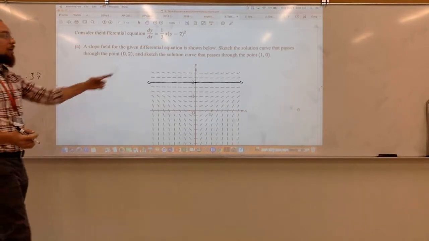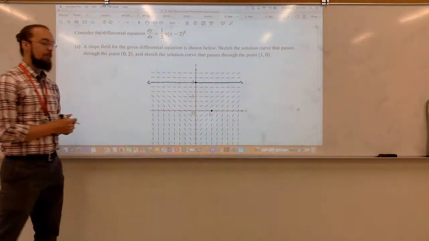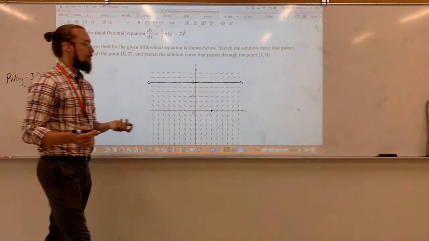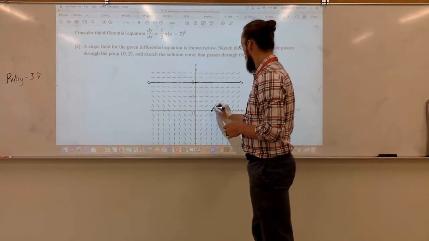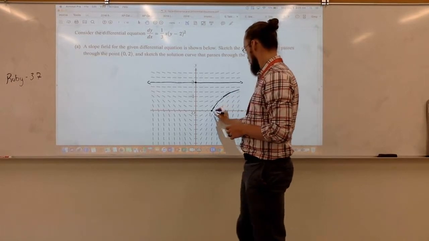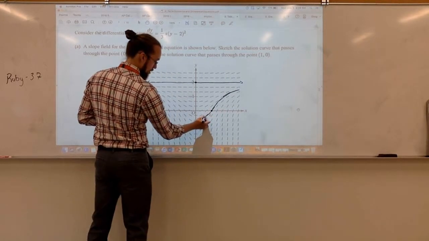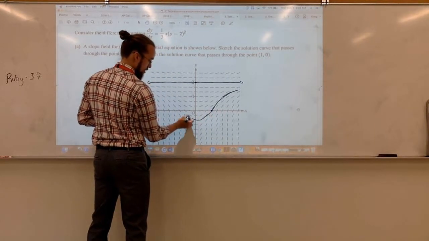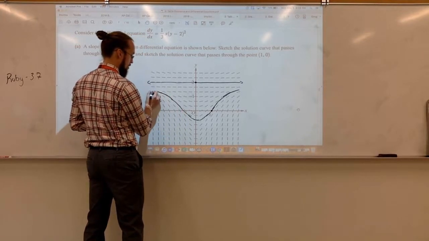The second one, I want to sketch the curve that goes through the point 1, 0. So if I follow my slope field, I get something that looks like this.